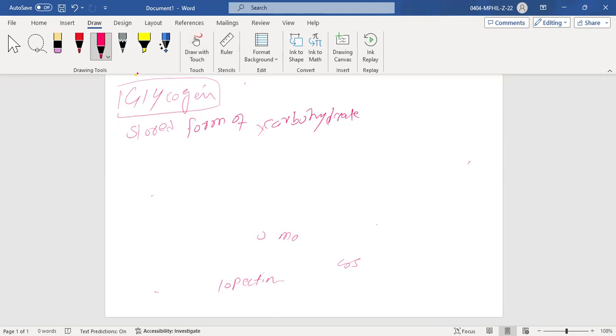So it is just a storage form of carbohydrates. When you need it in the body, it will be decomposed because it is a polysaccharide. Once decomposed, it will be converted into a monomer, that is glucose.